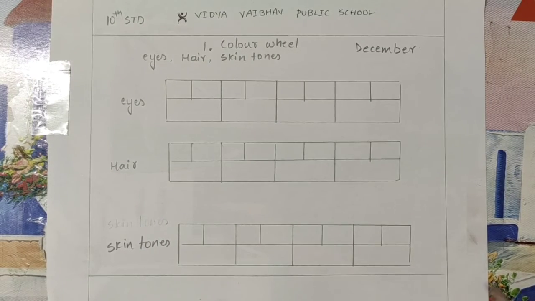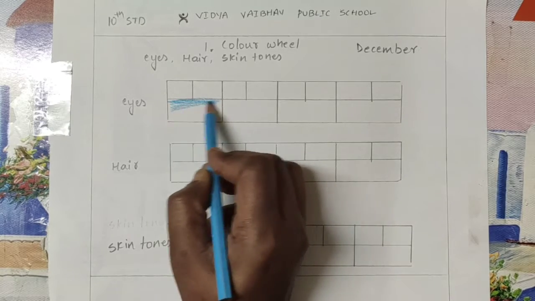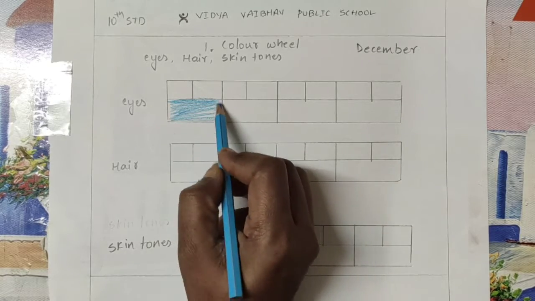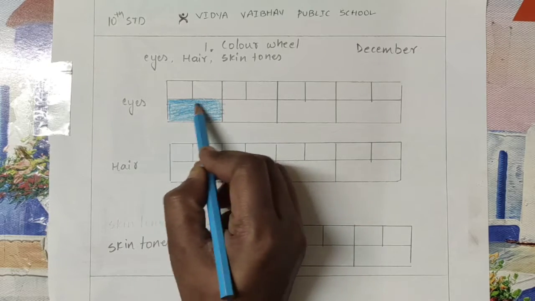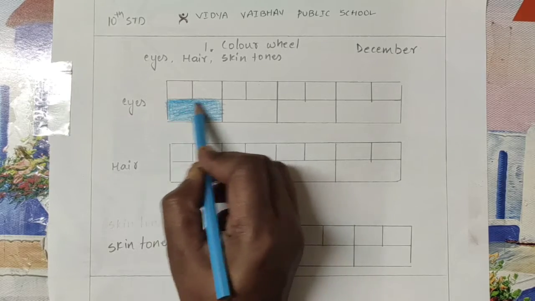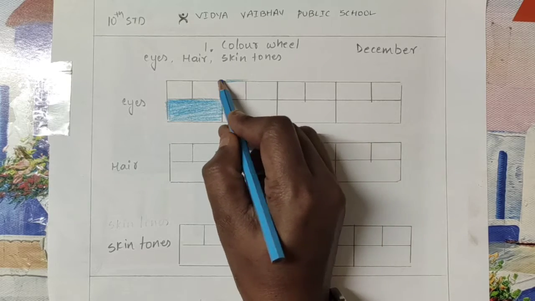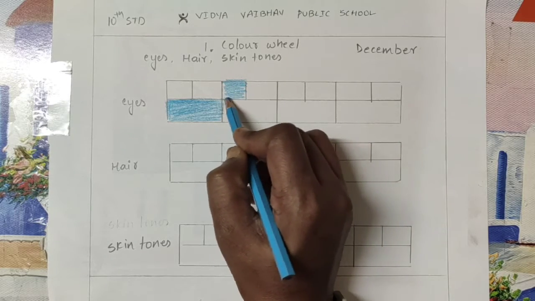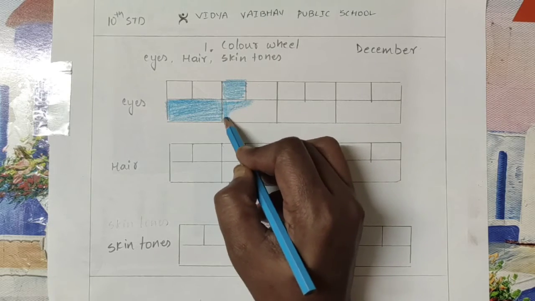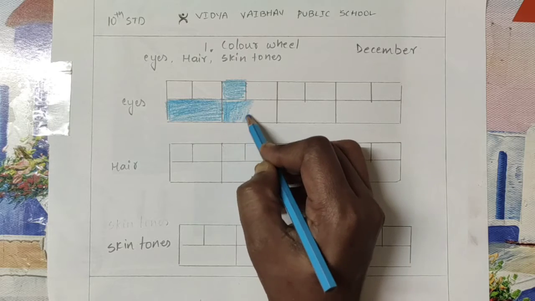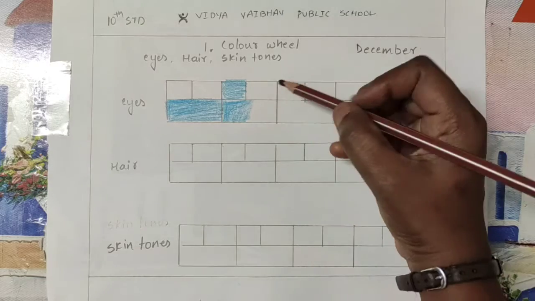And now we'll go for the eyes. Here I am going to show how you can see the eye colors when you are coloring for the caricature. This was the sample, a color wheel chart. You can use it. So now I am using blue and brown.